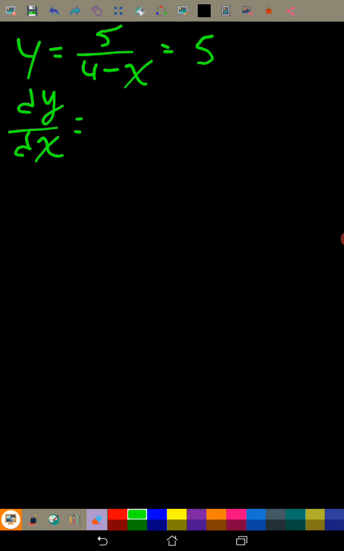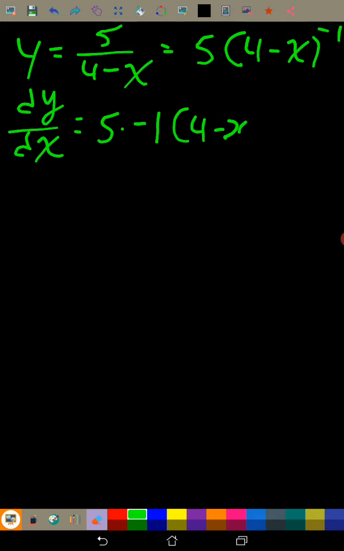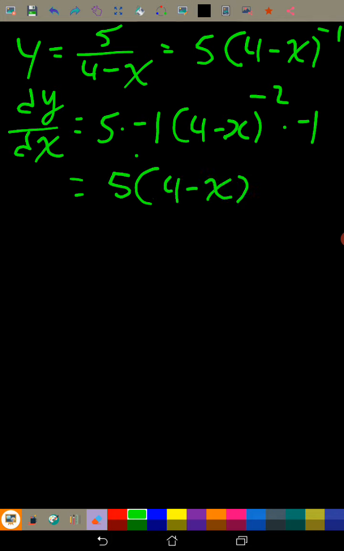can we rewrite this? I think we can, if we say that it's minus 1 here. And then we're going to use chain rule. We have 5 times minus 1, 4 minus x, and this is going to be 2 minus 1. So minus 1 minus 1. So minus 1 times minus 1, 1 times 5, 5, and we have 4 minus x to the power of minus 2.